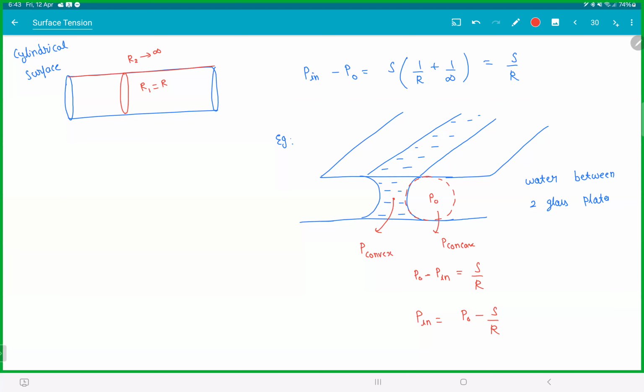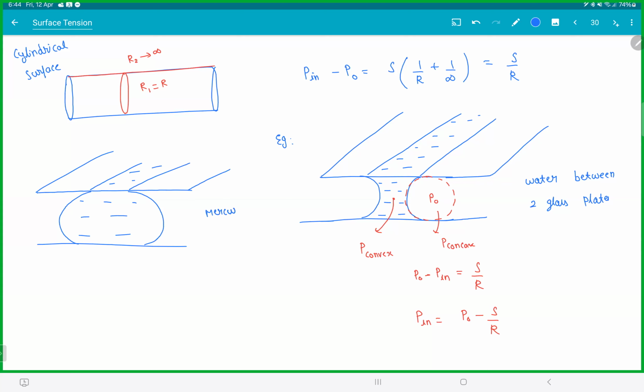Clear with this? The cylindrical thing? So remember that for cylindrical bubbles, the excess pressure is S by R, and that too, the pressure inside will be less than outside. If the same thing had been mercury, mercury would have bulged like this. This is mercury between glass plates.